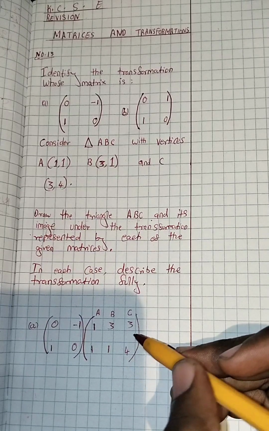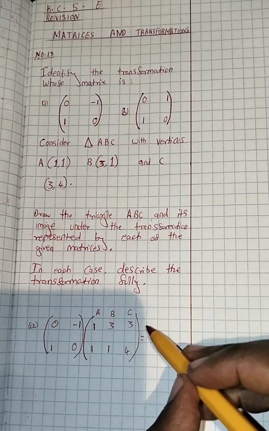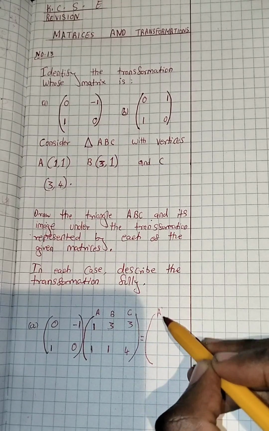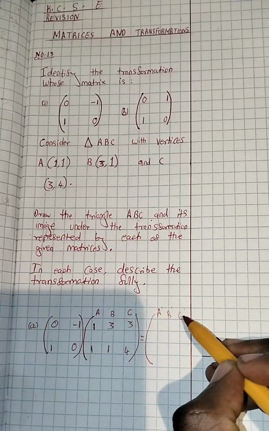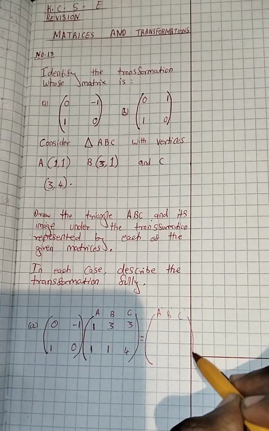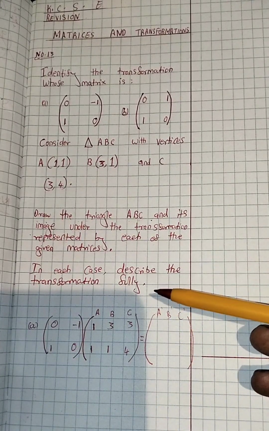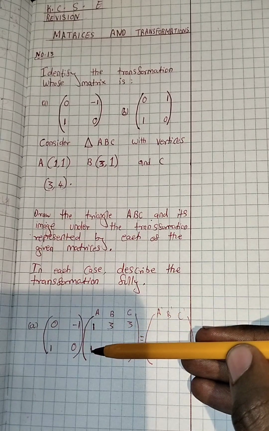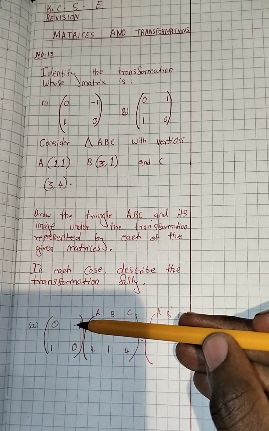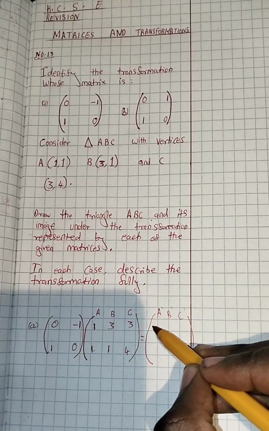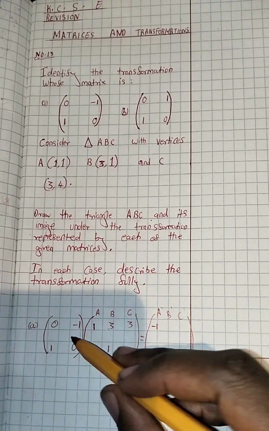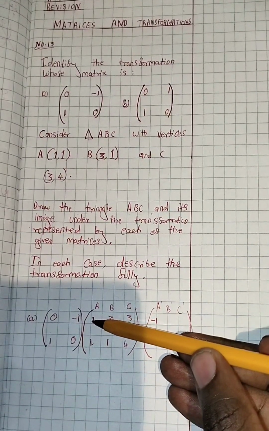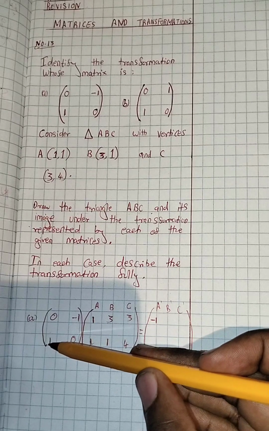Now, for me to get the transformation of it, I'll open another bracket. We'll write A', B', and C'. There is nothing big that I'm going to have to do here, learner. All you have to do is take the first one, which is 1 here. You multiply it with this one, and it gives you negative 1, because 1 times negative 1 is negative 1. The other one, I'll take the one which is up here and multiply with this one here.